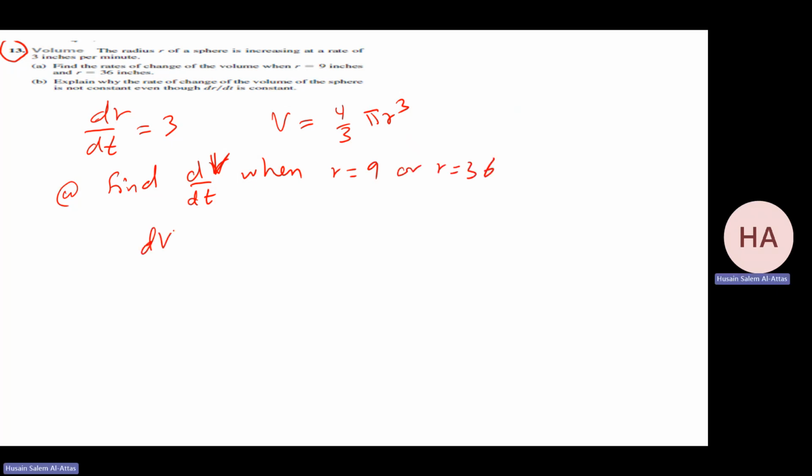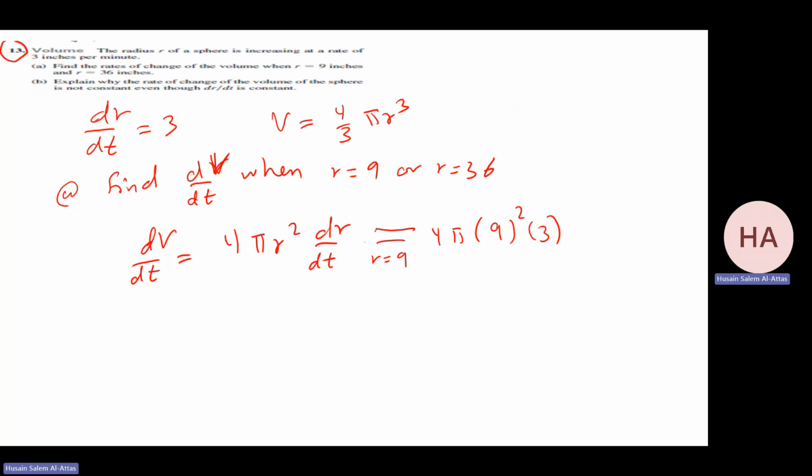Okay, so what is dv by dt? It is 4 pi r squared dr by dt. In case 1, r equals 9, so 4 pi times 9 squared times 3.